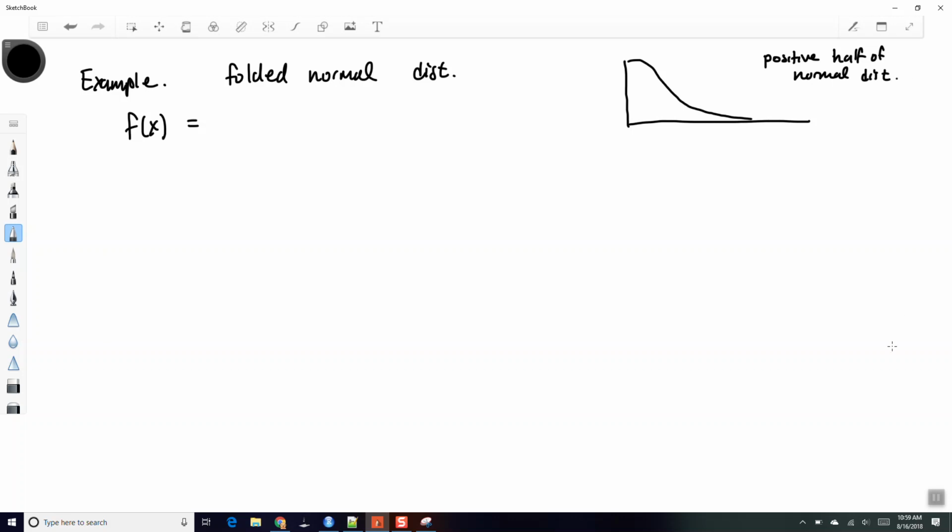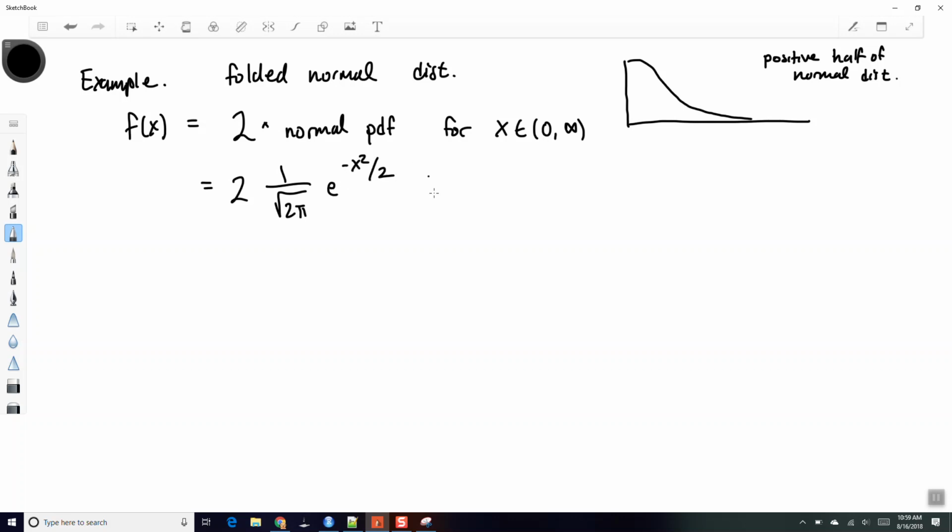And again, because it's only half of it and it still needs to integrate to 1, it's going to be 2 times the normal PDF for x on the interval 0 to infinity. So this is going to be 2 times 1 over root 2 pi e to the negative x squared over 2.